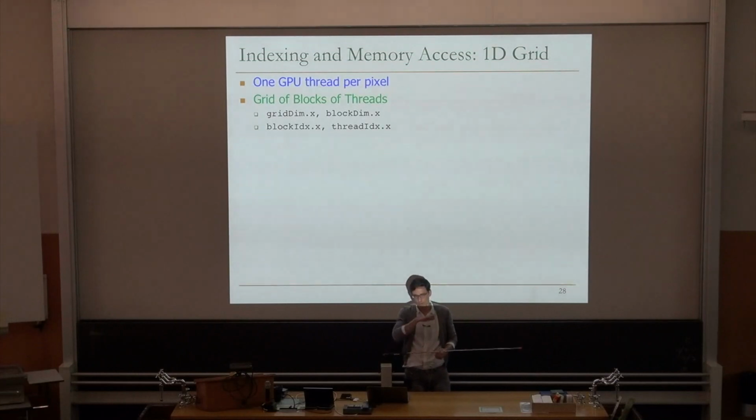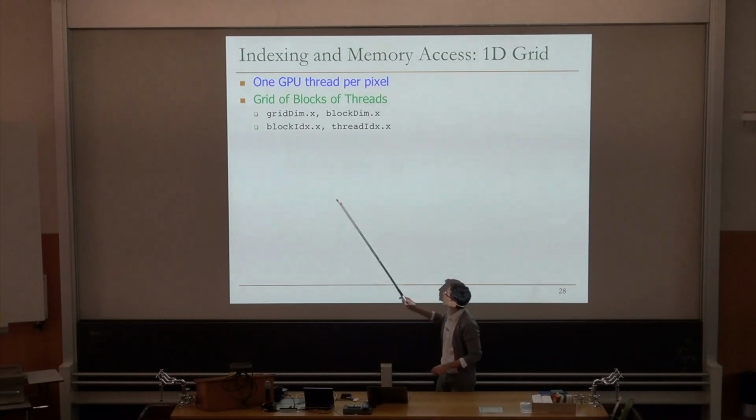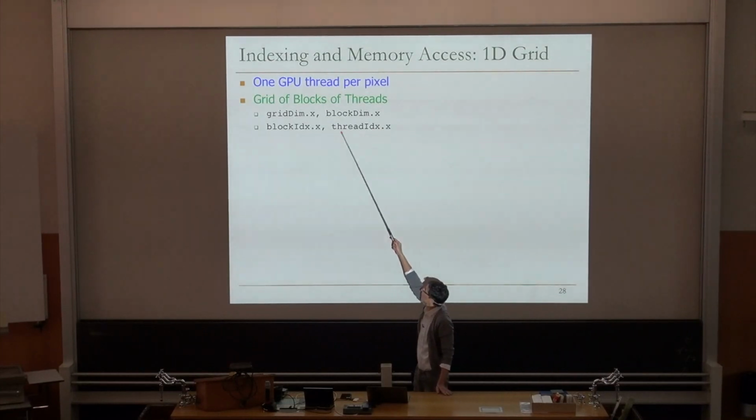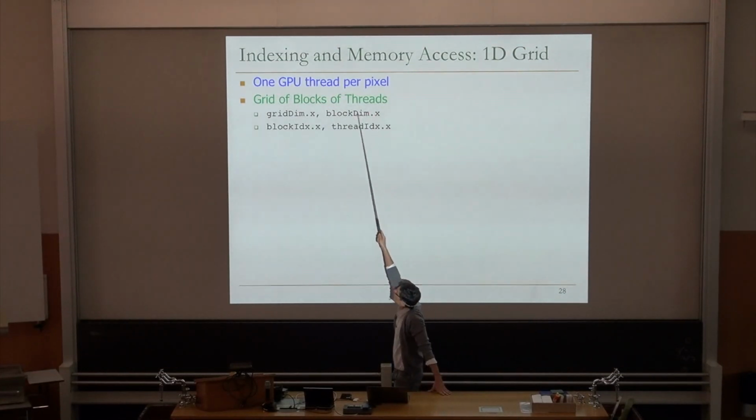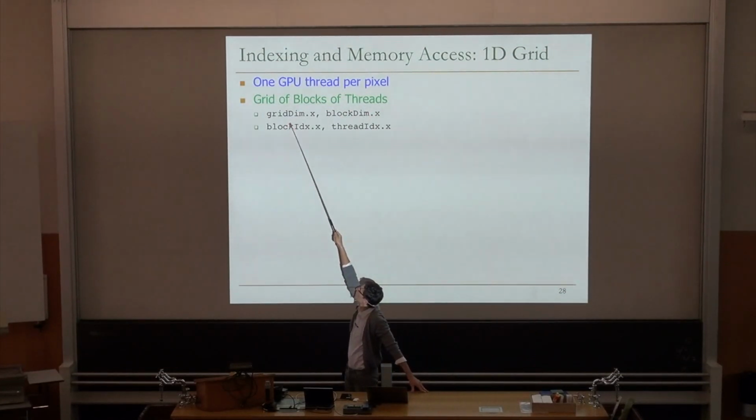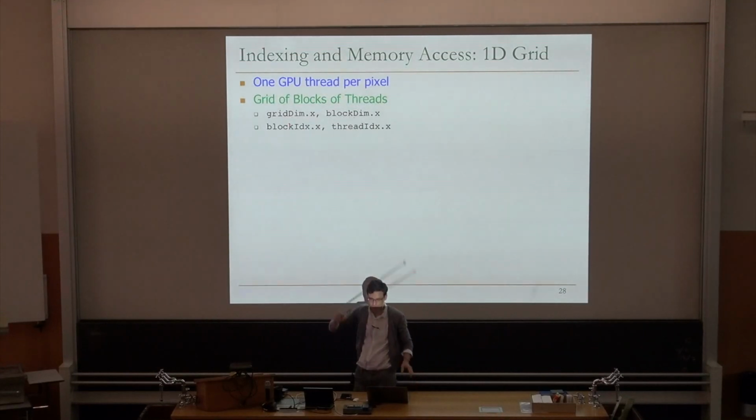So all threads are organized in one single dimension. The number of threads that we have in each block is going to be defined by this built-in variable blockDim.x, and the total number of blocks is this gridDim.x.